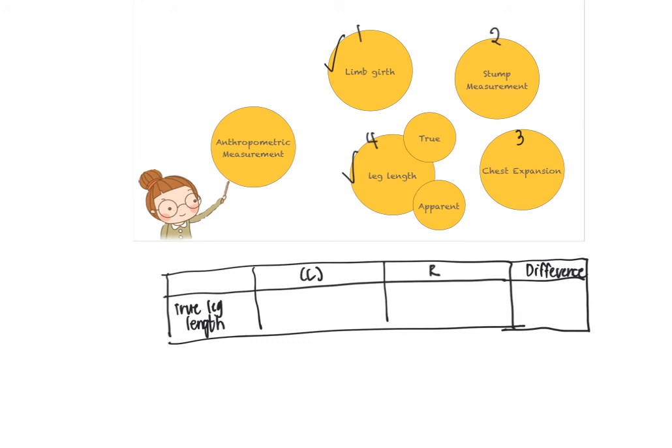So again, that's O, colon, and then anthropometric measurement, and then you have here the findings. So you are going to tabulate it for easier reference or easier understanding. So for true leg length, tabulate it, you have the left, the right, and then you get the difference.